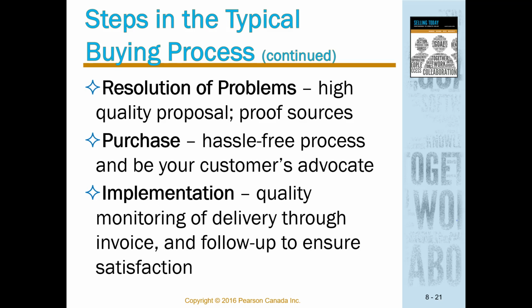So there are what we call trials done before. If there's a step between purchase and implementation, it would be trials to make sure that the product fits, let's say, the plant or the manufacturer.